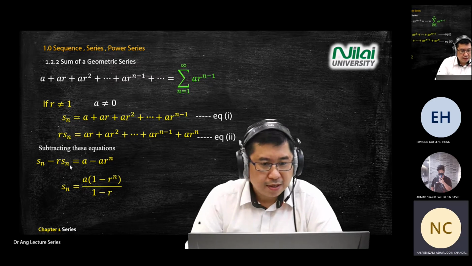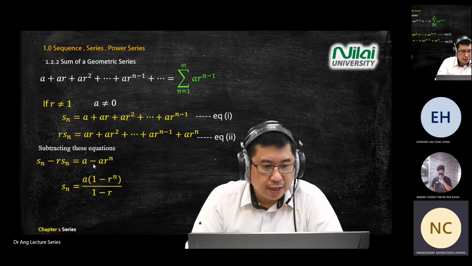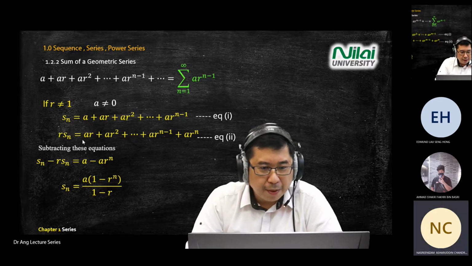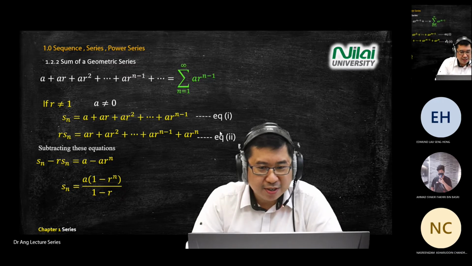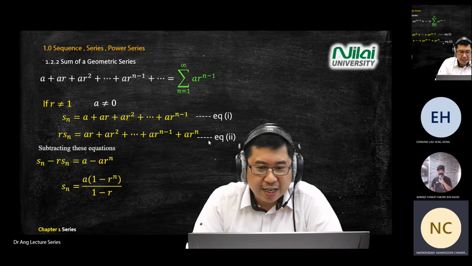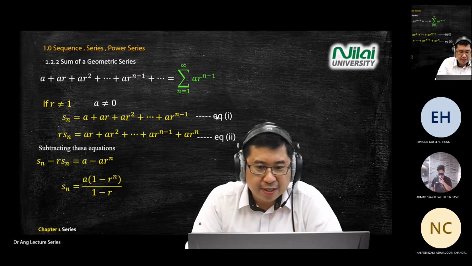So how do you get the AR^n? The second equation, the last one, AR^n. Okay, so you take the whole equation, imagine you take the whole equation R minus the whole equation. So it means this one minus this one. That's why this is positive. How do you get the last term of the second equation? Because how do you get the second equation? You take the first equation and multiply by R, right?